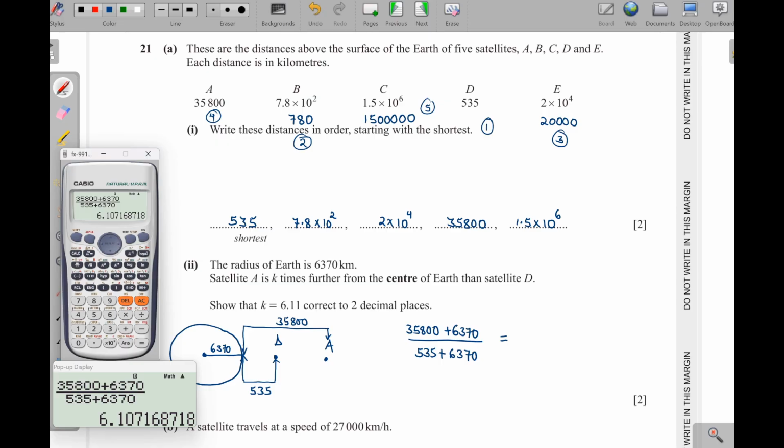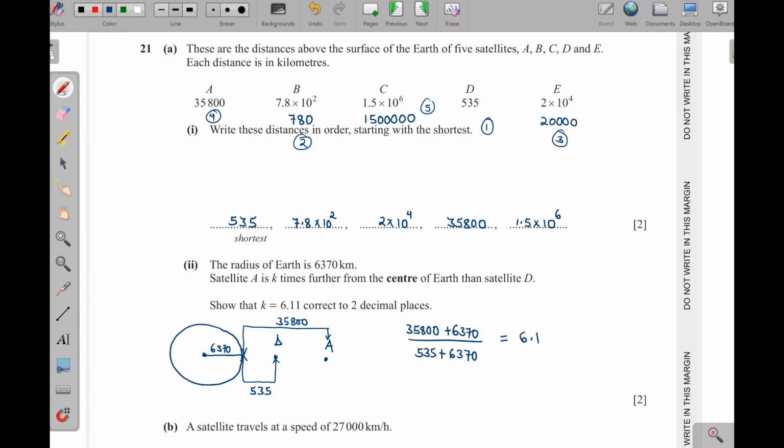I can say 6.11. Actually this is the one, 2 decimal places. So that K is the one that is equivalent to that 2 decimal places.